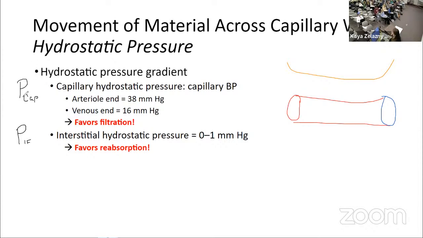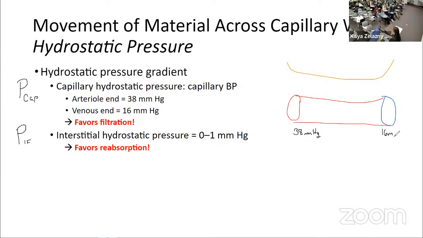So hydrostatic pressure is going to be the big P as we build towards our equation. Okay. So for our capillary hydrostatic pressure, at the arterial end, where we have the blood coming in, we're going to have a pressure of 38 millimeters of mercury. But by the time we reach the venous end, we're going to be at only 16.